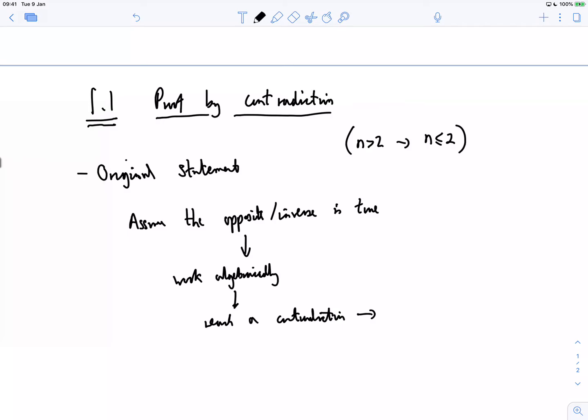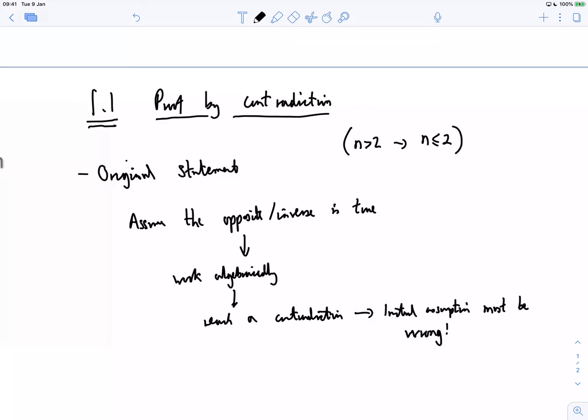So if you reach a contradiction where the case cannot be true, then the only thing that could have potentially been wrong was the initial assumption. It must be wrong, and therefore that concludes the proof.